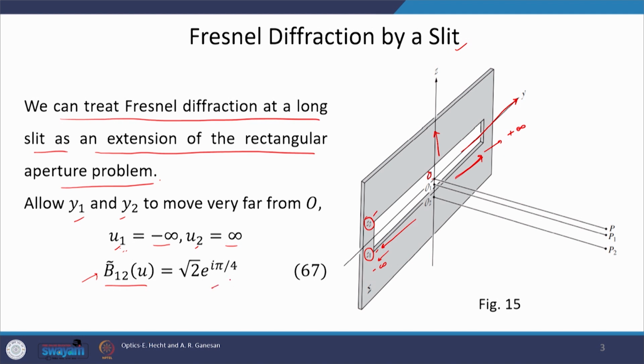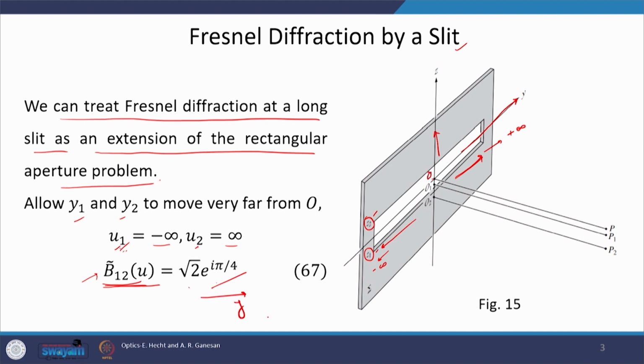Till here we have already calculated. We know that once u1 and u2 are minus infinity and plus infinity, the values of the respective integrals would be equal to minus half and plus half. Using that, we calculate the phasor B12 would be equal to square root of 2 e to the power i pi by 4. But this is only for the horizontal direction, which is along the y axis.